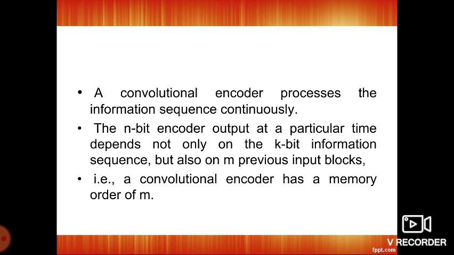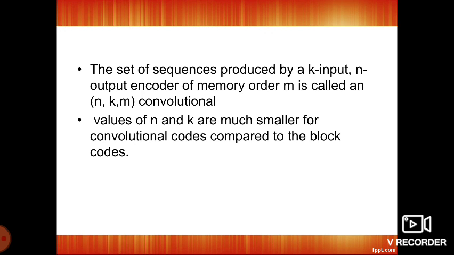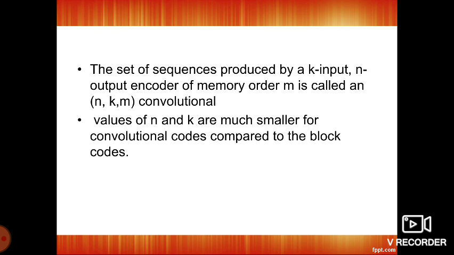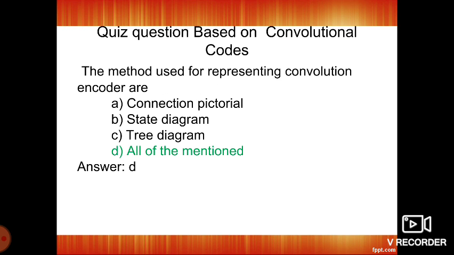The n bit encoder output at a particular time depends not only on the k bit information sequence but also on m previous input blocks. The convolution encoder has memory of order m. The set of sequences produced by a k input, n output encoder of memory order m is called an (n, k, m) convolutional encoder. The values of n and k are much smaller for convolutional codes compared to block codes.